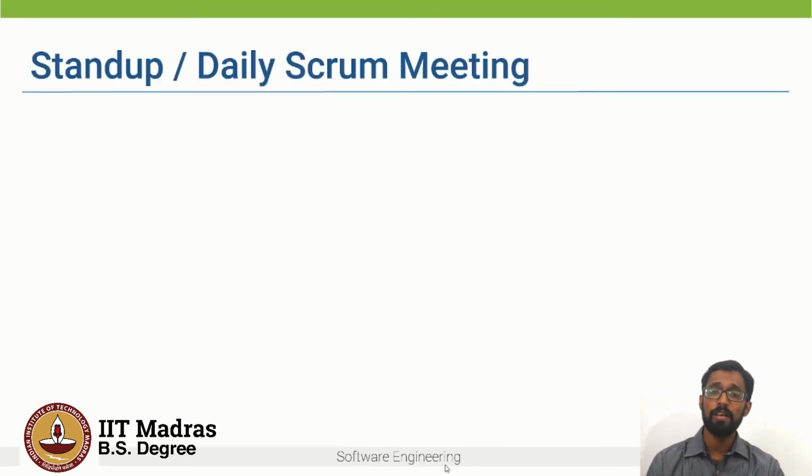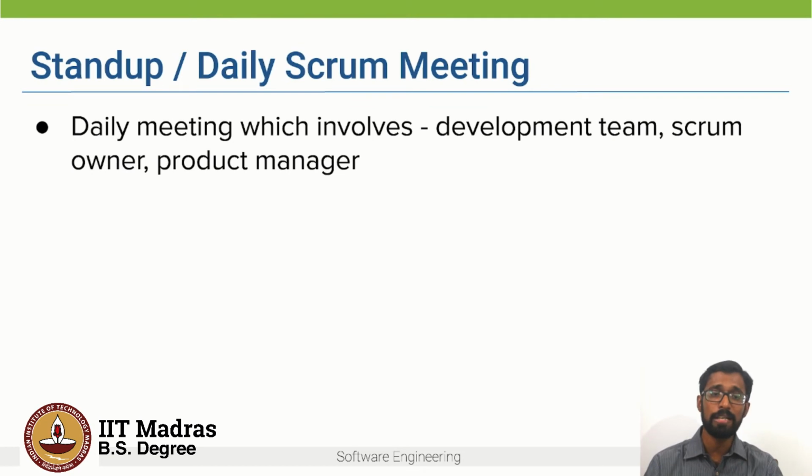Now that we have seen what happens in a sprint planning meeting, and we know what items are to be worked on for a particular sprint, how does the team make progress in this sprint? This is done using a stand-up or a daily Scrum meeting. This is a daily meeting which involves the development team, the Scrum Master, and the product manager.